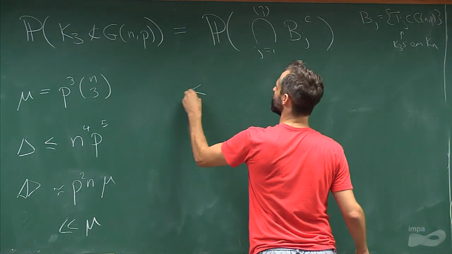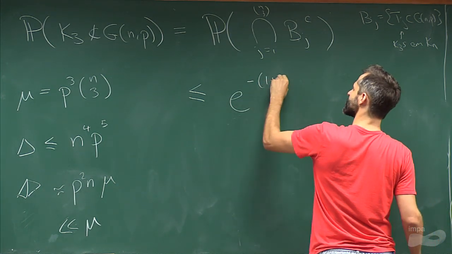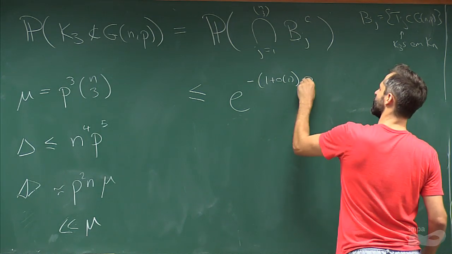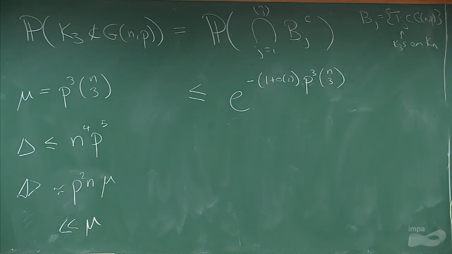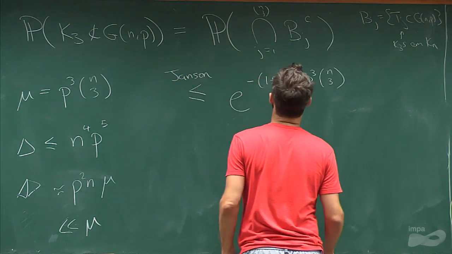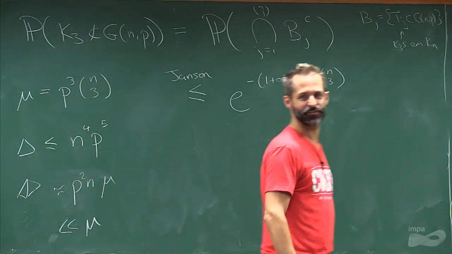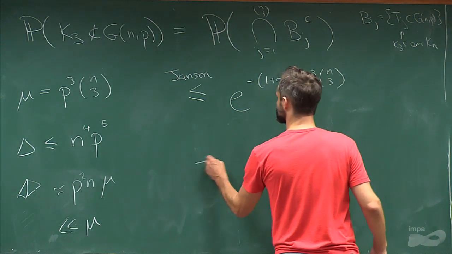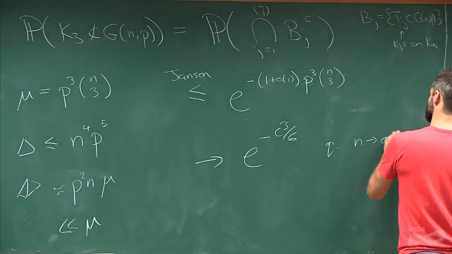So that means this thing is at most e to the minus (1 plus little o(1)) times mu, so times p cubed n choose 3. This is by Janson, because the error is delta, and delta is little o of mu. Okay, but then we're done, because this converges to e to the minus c cubed over 6 as n tends to infinity.